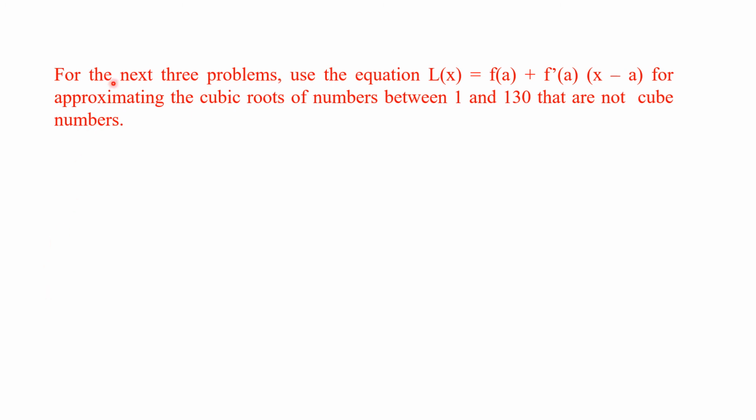For the next three problems, use the equation L of x equal to f of a plus f prime of a multiplied by x minus a for approximating the cubic roots of numbers between 1 and 130 that are not cube numbers. Question number 1.